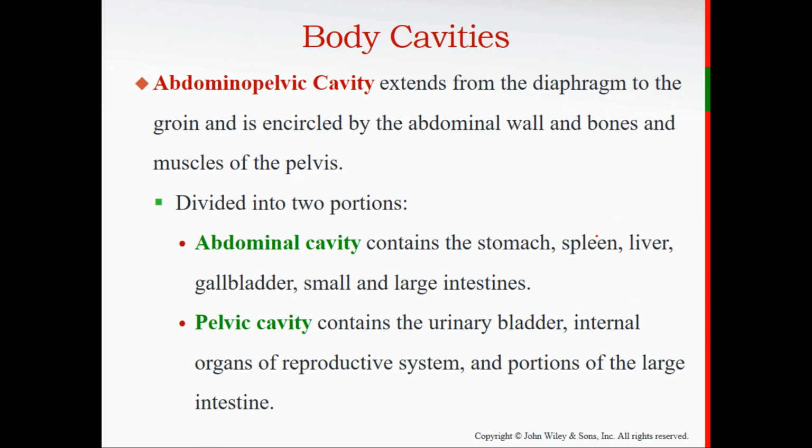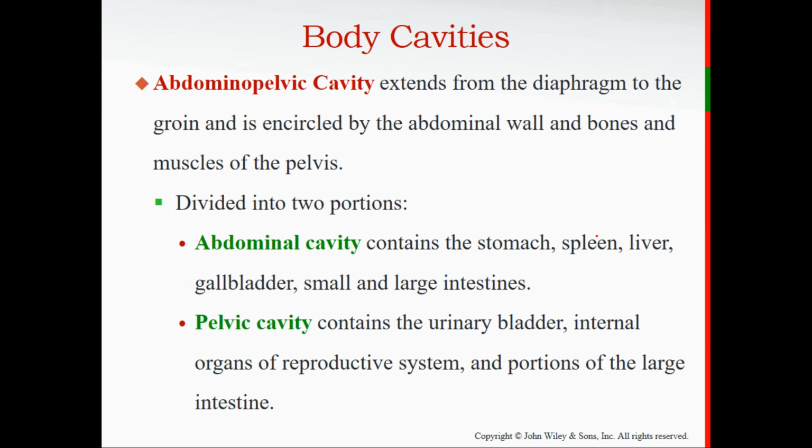Really, this is kind of two cavities put into one because there is no real divider line between the two. It's basically just a region. The abdominal cavity would be represented by the abdomen, and the pelvic cavity is down in the pelvis. There would be an imaginary line across the top of the hips, across the top of the pelvic bones, that would separate the abdominal from the pelvic cavities.